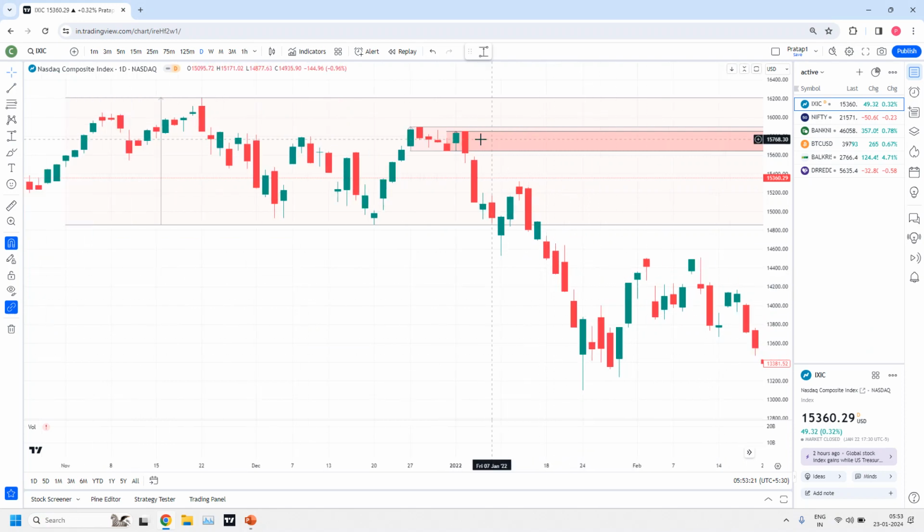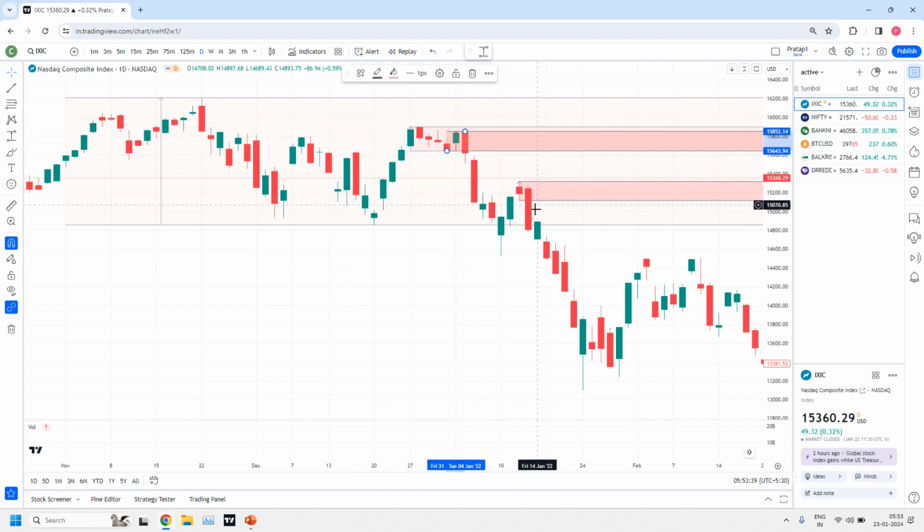See, you can also trade in the supply zone, right? But is it overlapped with weekly? No. It is overlapped with monthly. But see, what is the difference between this one? This daily zone is also overlapped with monthly. But what is the difference?